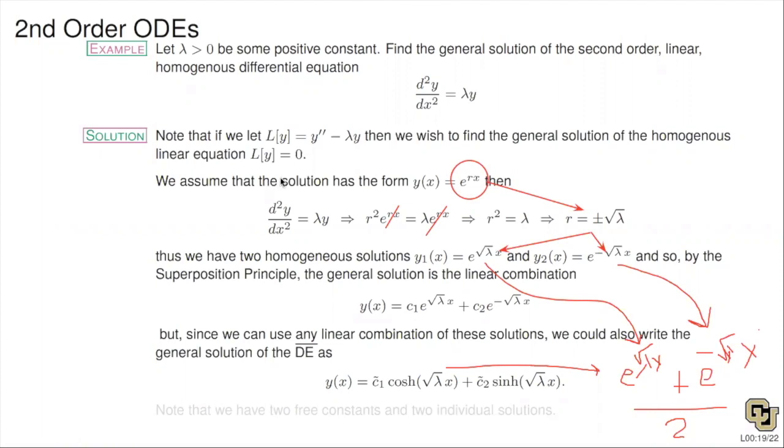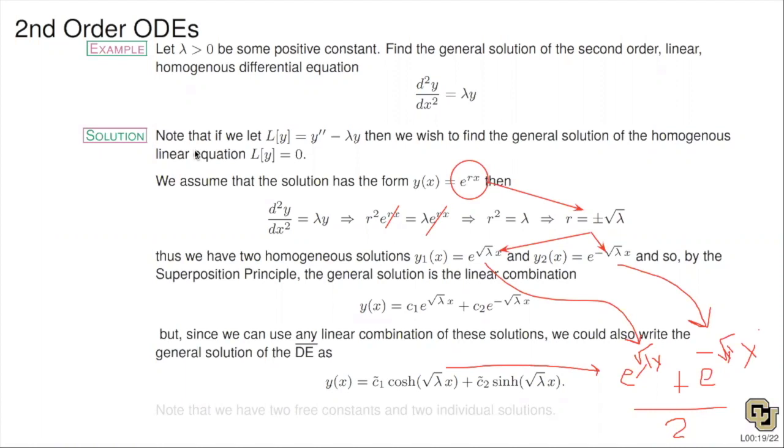So the question now is, are there certain situations where we want to write the solution in one form and not the other? And there are. When we actually solve the PDE, I will show you where, in certain situations, because of the geometry involved, it's more beneficial to write it in terms of cosh or sinh.